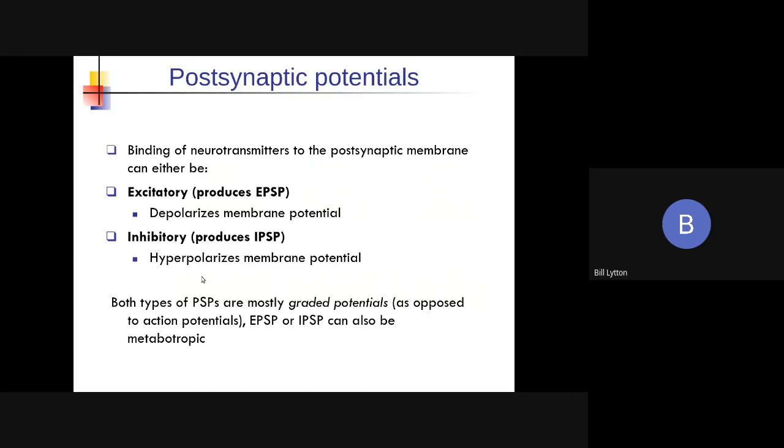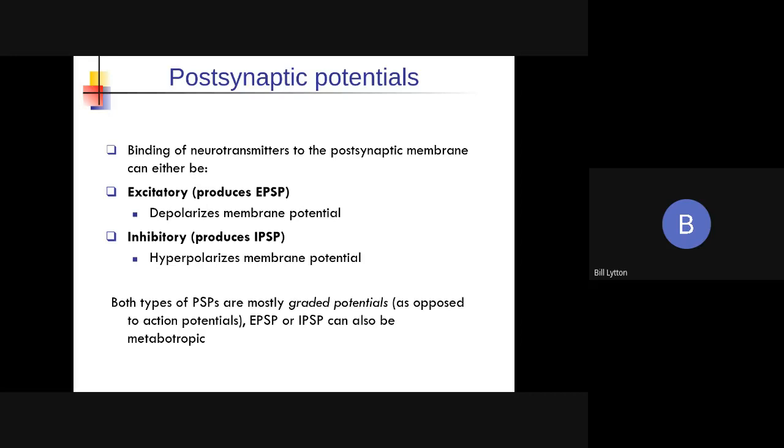So EPSP, excitatory postsynaptic potential, depolarizing, going to a potential less negative than the resting membrane potential of about -65, and inhibitory, a hyperpolarizing membrane potential taking you to a potential more hyperpolarized, so something like -70, -80.